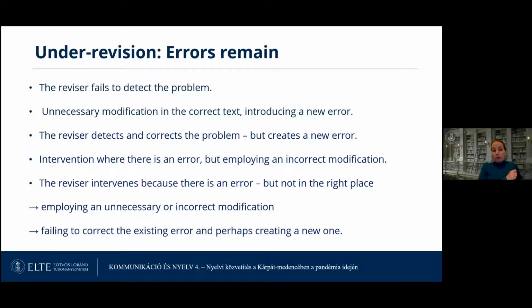Also, when there's an intervention in the place of an error, but the reviser employs an incorrect modification, the text quality is not improved. Another case is when the reviser detects that there is an error in a certain place of the text, but intervenes not in the right place and employs an unnecessary or incorrect modification, or fails to correct the existing error and perhaps creates a new one. So there are a number of dangers during revision where new errors might be introduced.